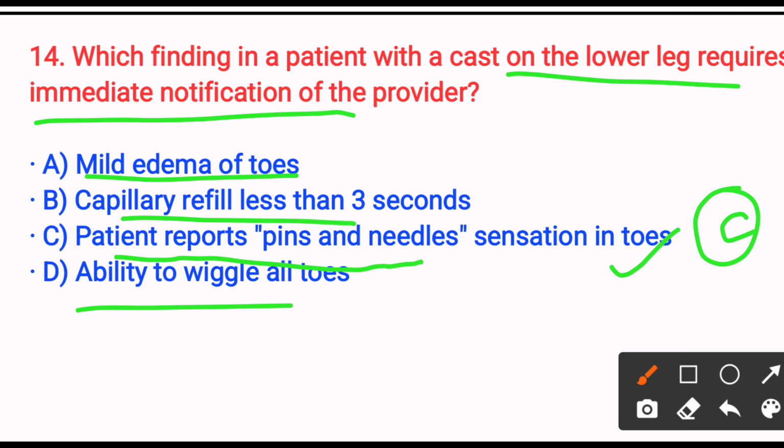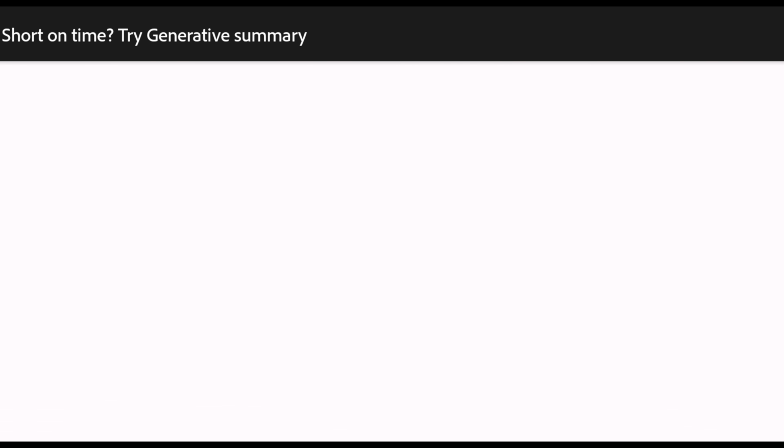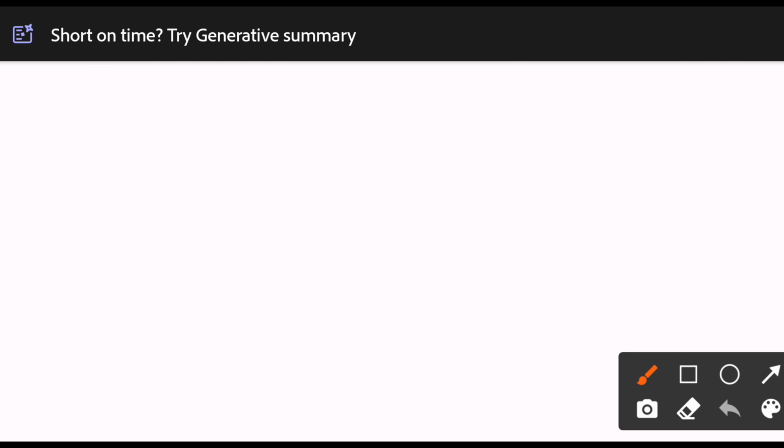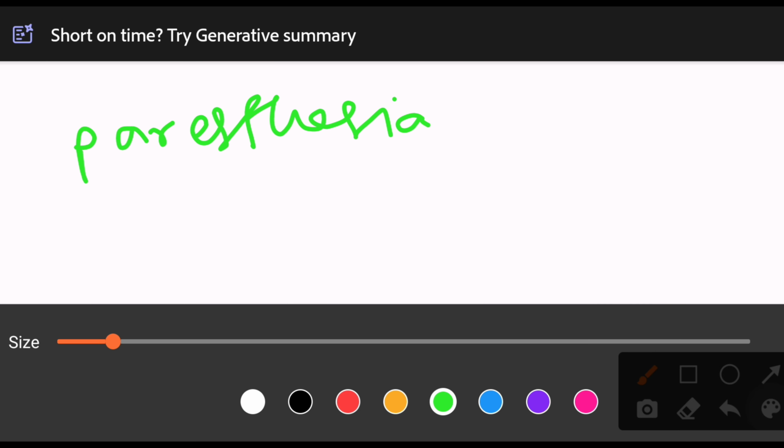Patient reports pins and needles sensation in the toes because it is caused by paresthesia. What does it indicate?